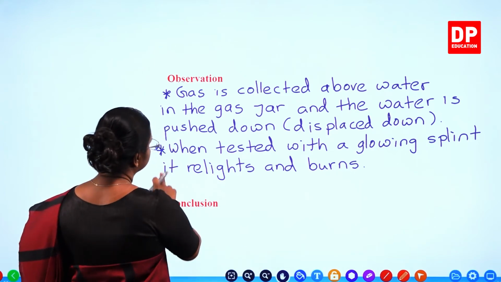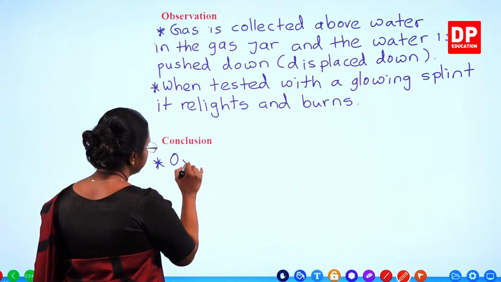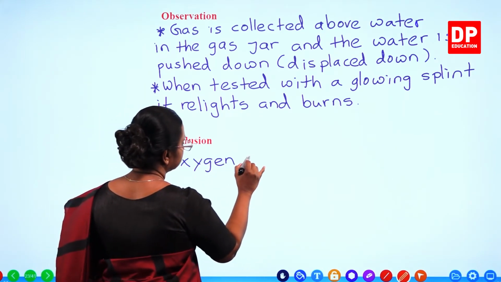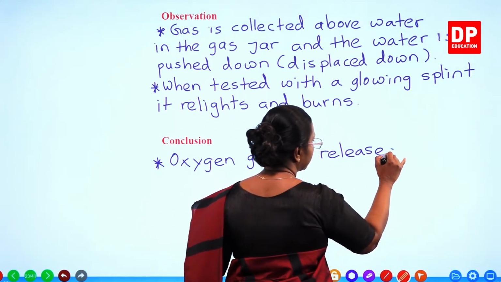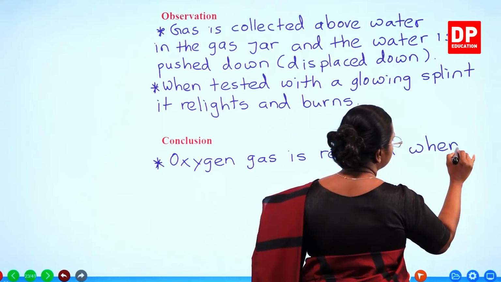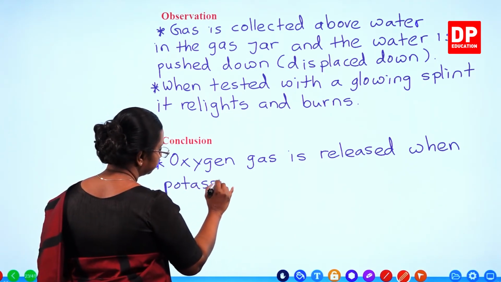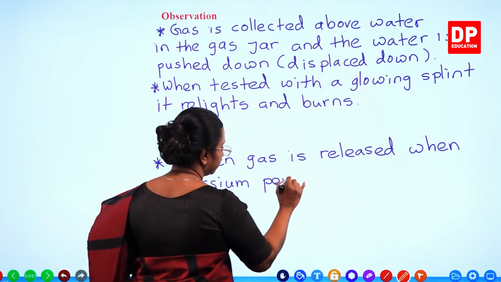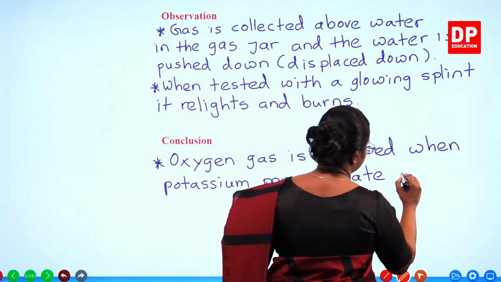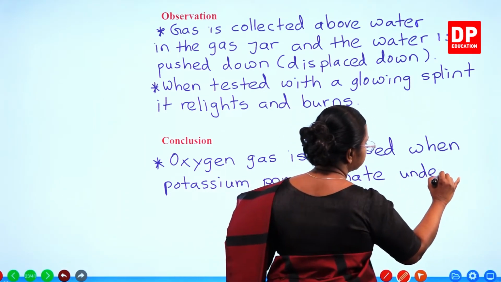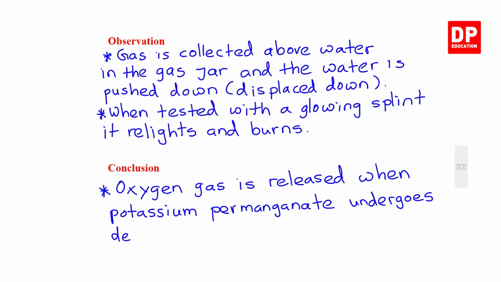So from that, we can conclude: oxygen gas is released when potassium permanganate undergoes decomposition.